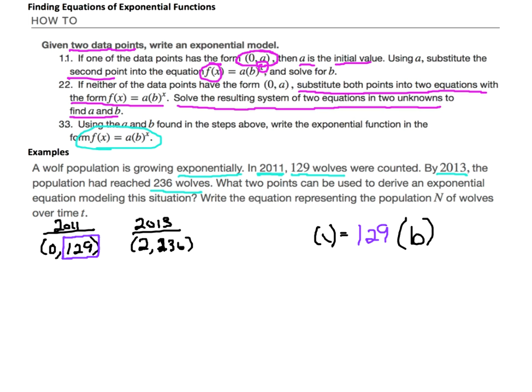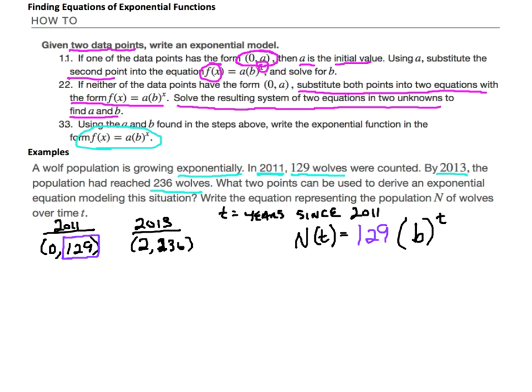They told us to use n and t. So n of t is our function, and we're raising some b value to the t power. t is equal to years since 2011. That's how we set it up.